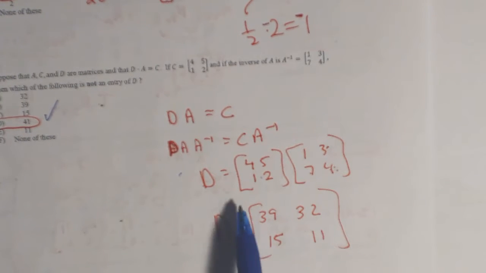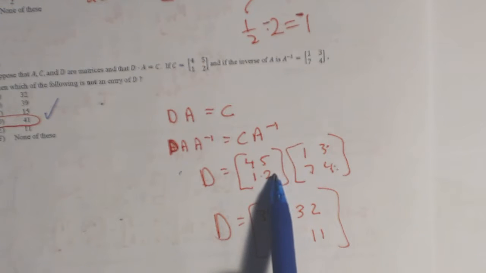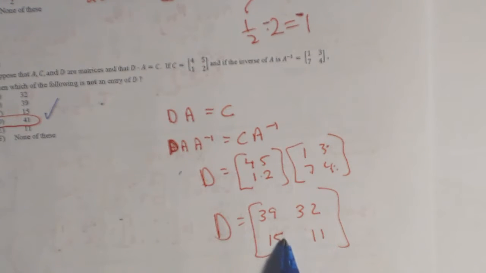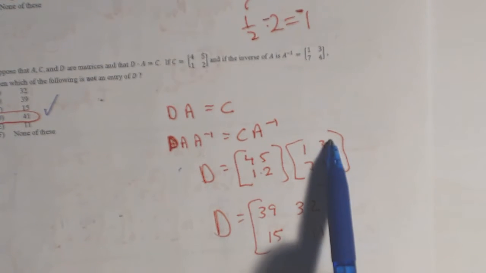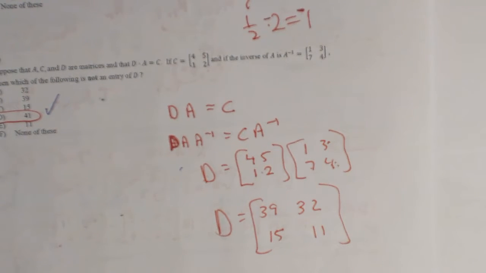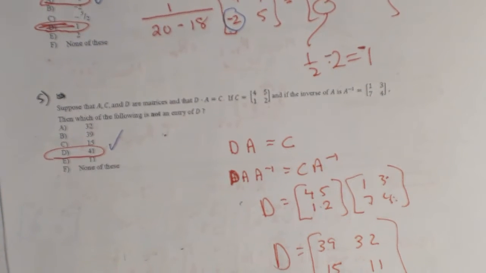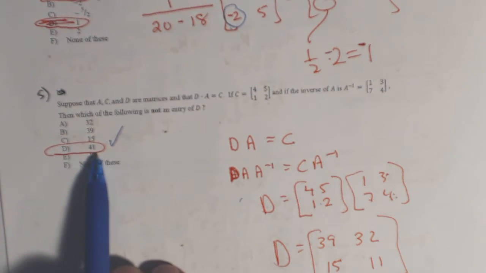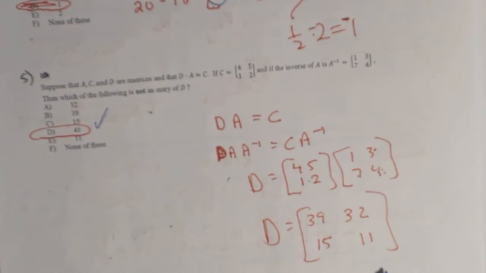That's that entry. 1 times 1 is 1 plus 14 is 15. And 1 times 3 is 3 plus 8 is 11 is that entry. And we want to know which one of these over here is not on that list, and it was choice D, which is 41, is not an element of D.